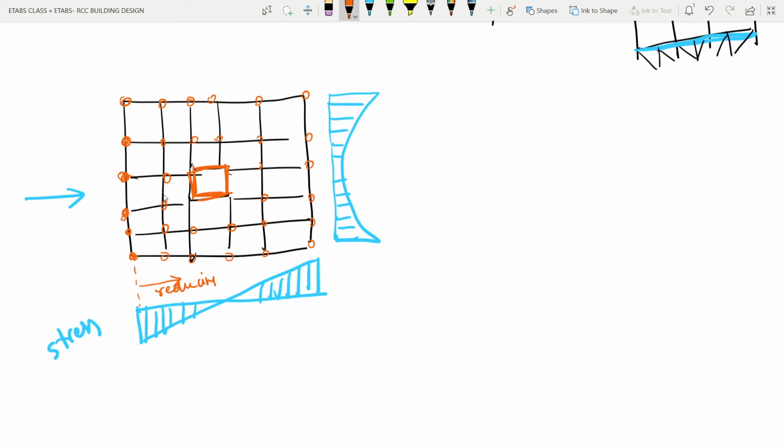So even in these internal columns, we are not having higher stress. The higher stress is there only in the outer columns. Internal columns are not subjected to higher stress.